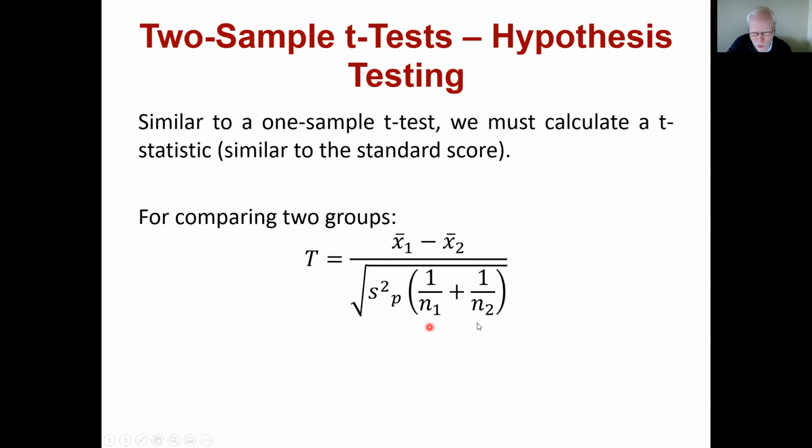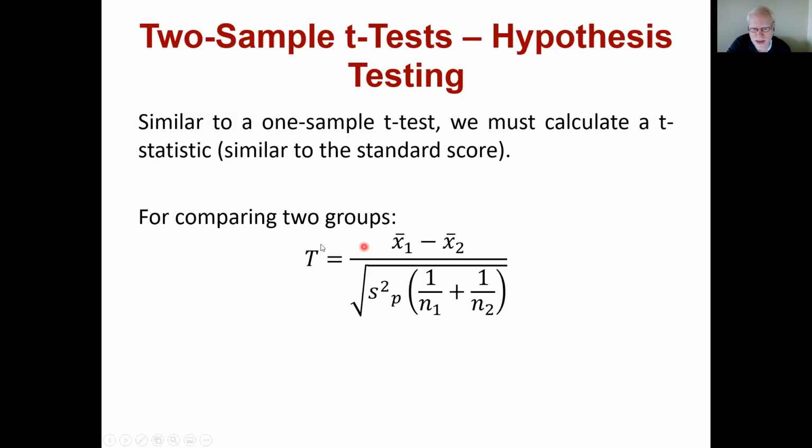And before we were dividing by the root of the sample size and the sample standard deviation. Here we've got the root of the common sample variance times this. And that gives us our test statistic.